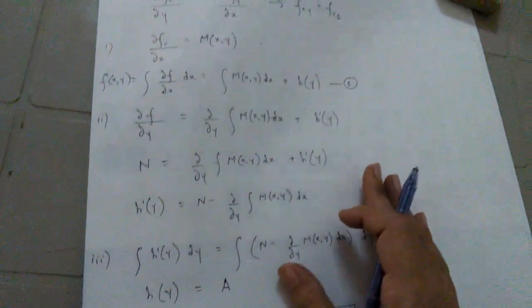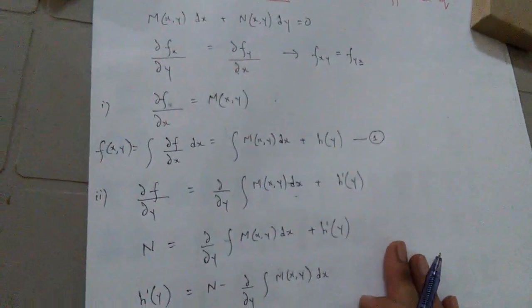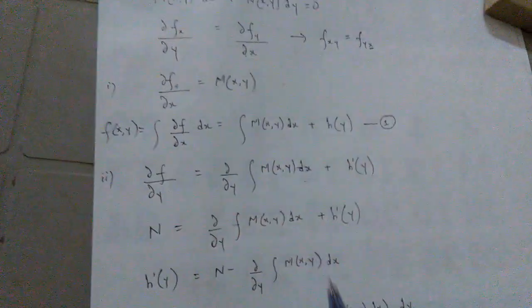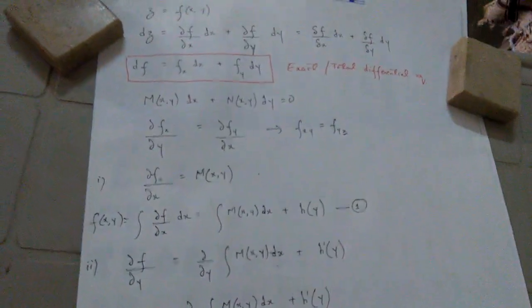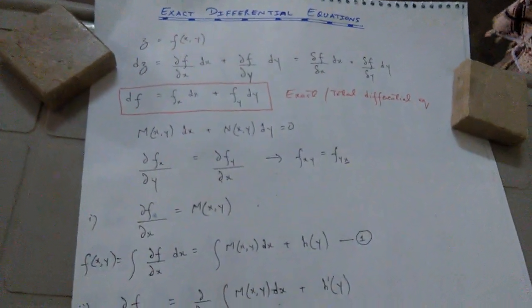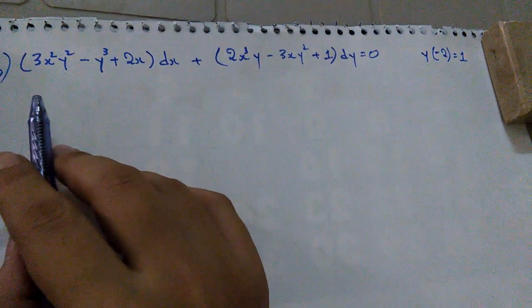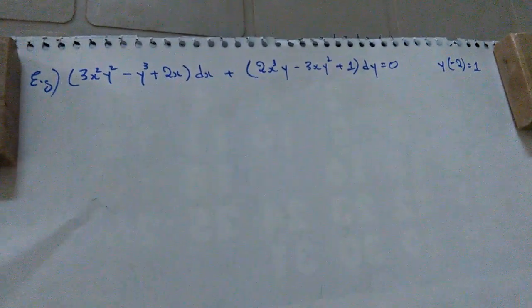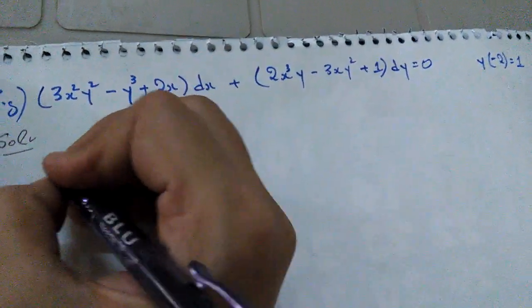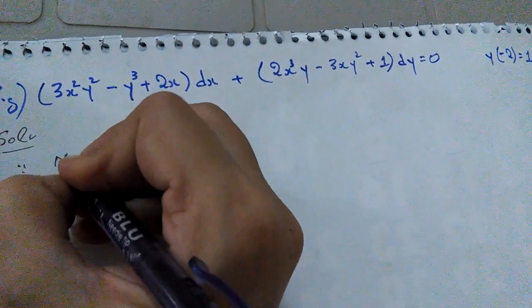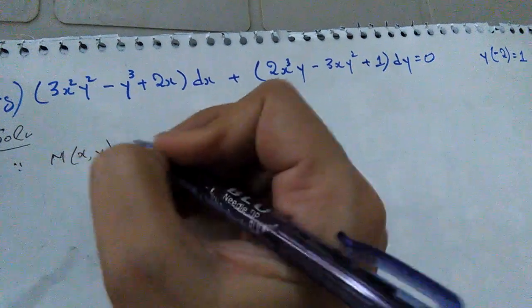Now let us pick up one example and apply all these steps in order to get our f. Okay people, so this is the example here, and let's try to solve it. In general, you can see that the exact differential equation is expressed in this form.